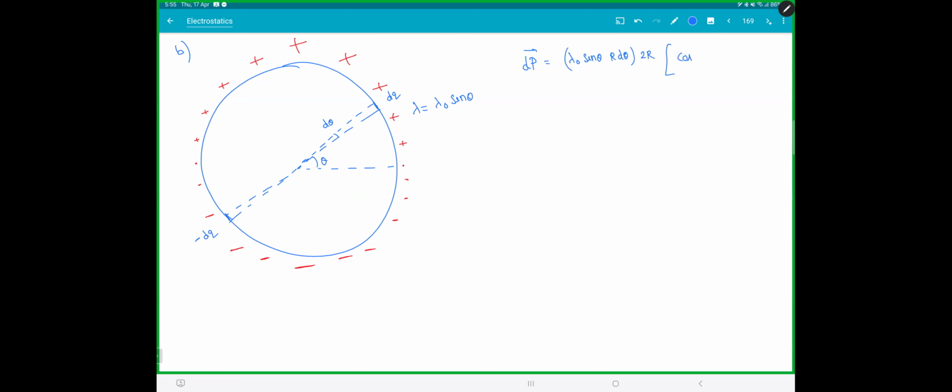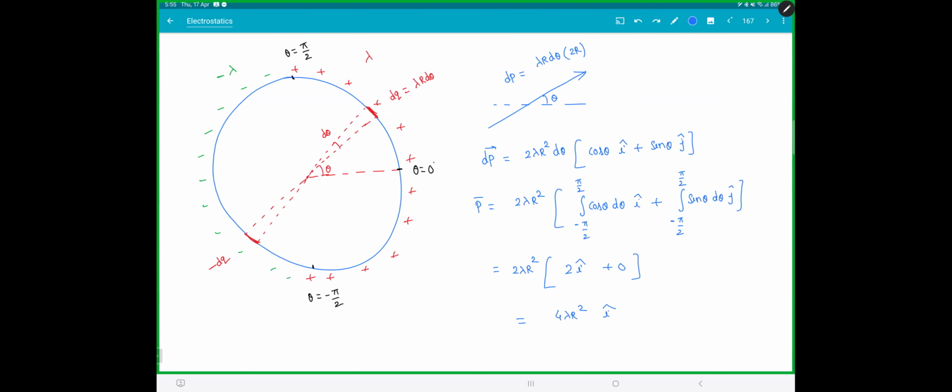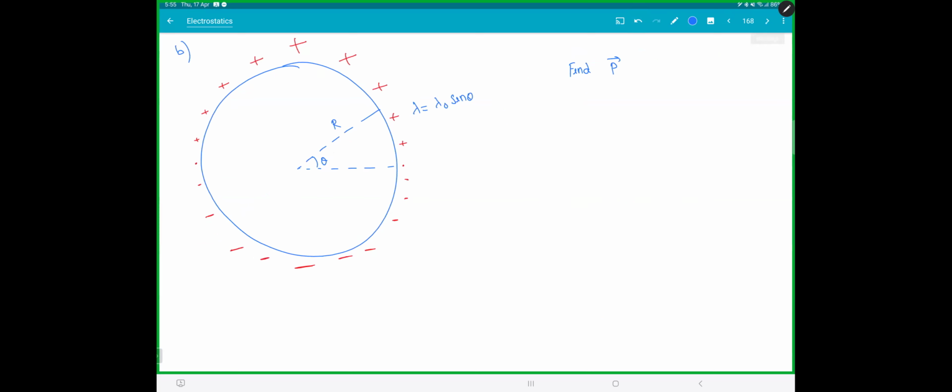The vector will be cos theta i cap and sin theta j cap. So nothing changed. If you see, it's the exact same problem. The only difference is that in place of lambda you put lambda naught sin theta. So this will be 2 lambda naught r square, and now you will get cos theta sin theta i cap.